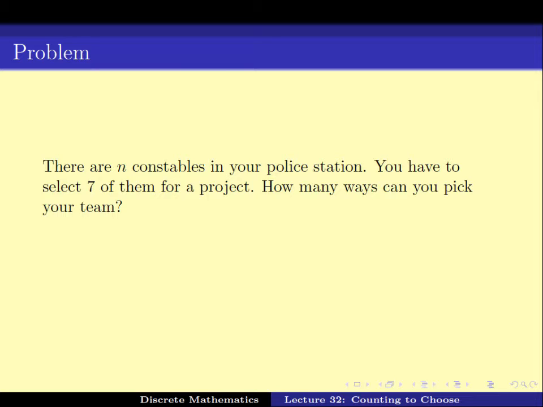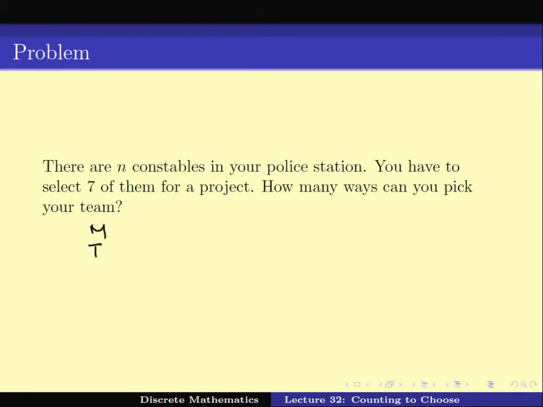Now, maybe what we do is the following. Let's first write down the thing that we have done, which is these 7 days of the week. And let's first try to assign the various constables to these 7 days.